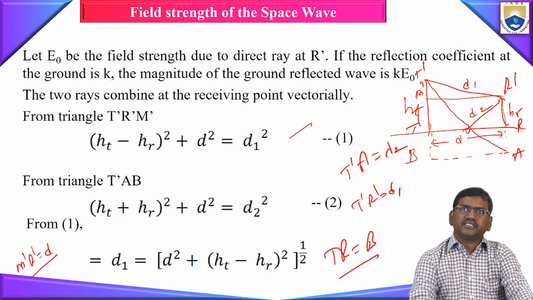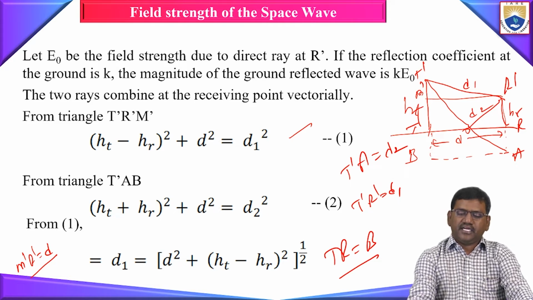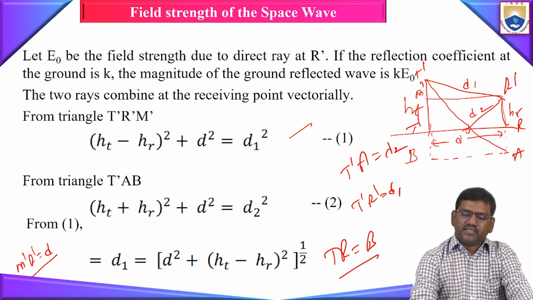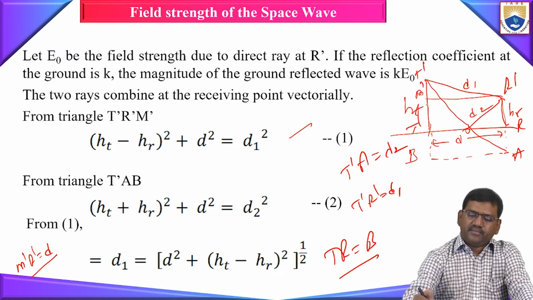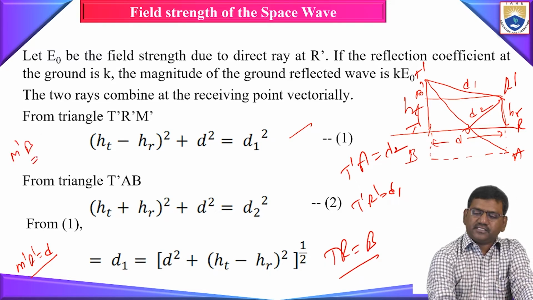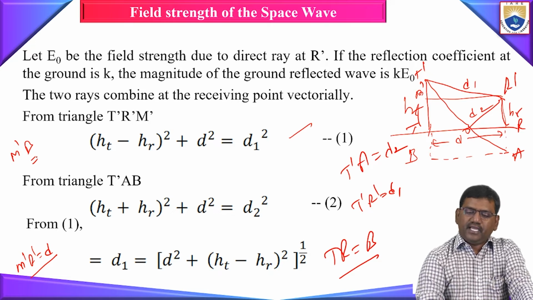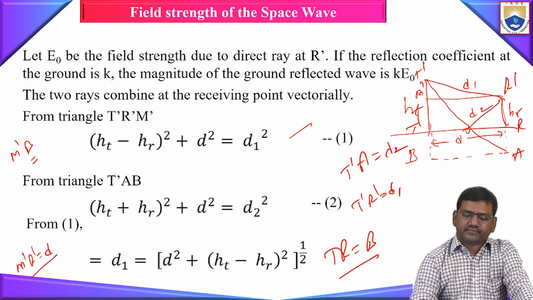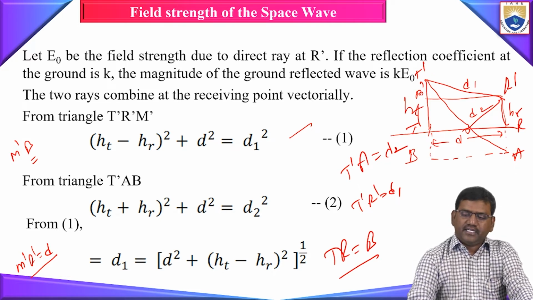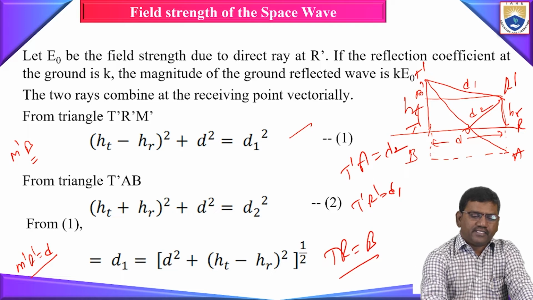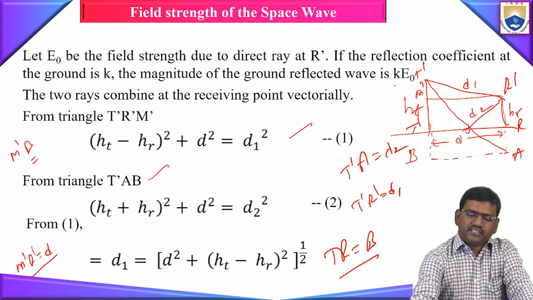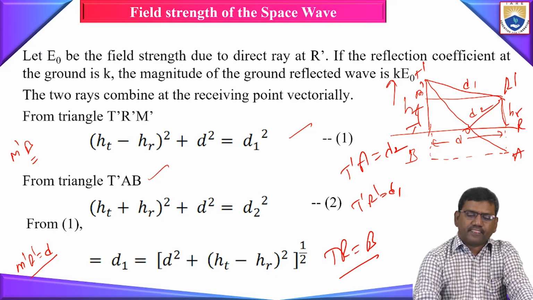So by applying the Pythagoras theorem for the triangle T dash AB, we can write T dash B as HT plus HR. The distance between M dash and B can be written as, if we take the triangle T dash AB, we can write this T dash B as HT plus HR.